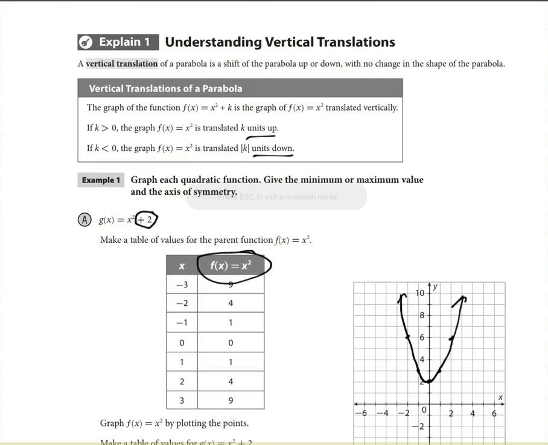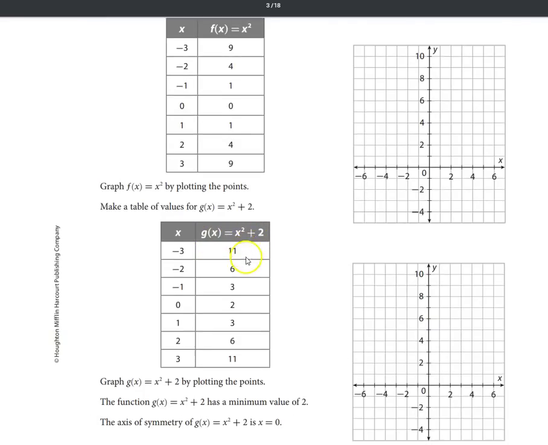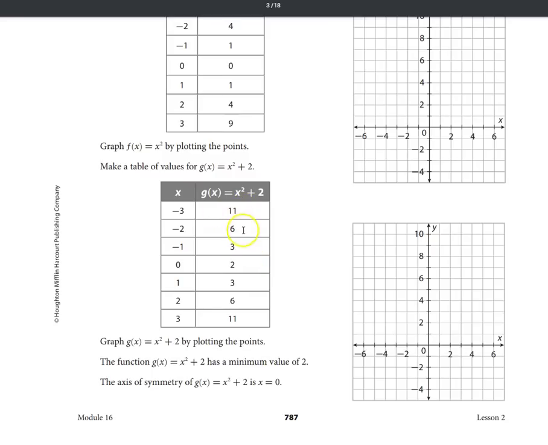This table is of the parent function. And when you look at g of x equals x squared plus 2, you would notice that all these y values are 2 units bigger than they were for the parent function, and therefore you get points that are 2 units above where they were.